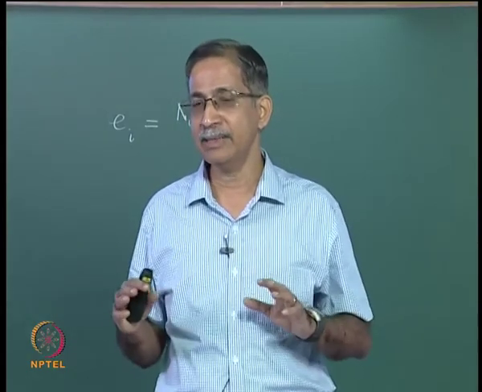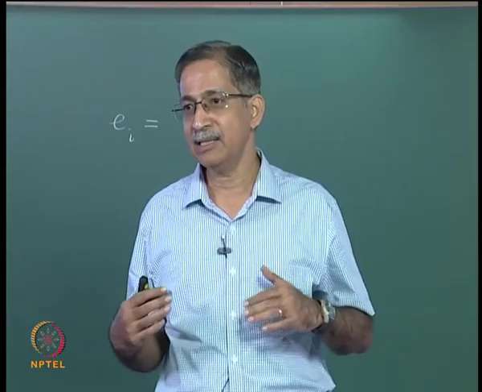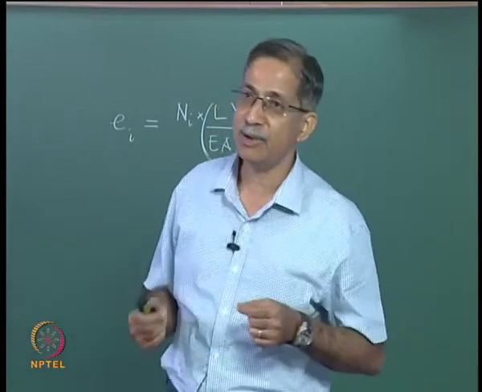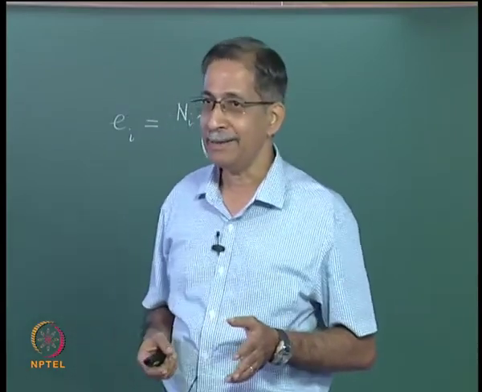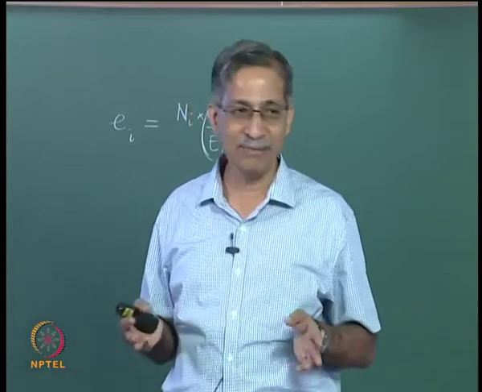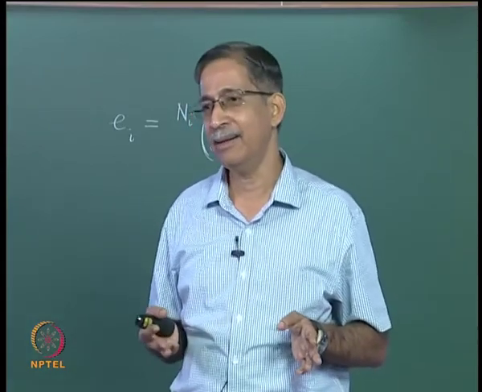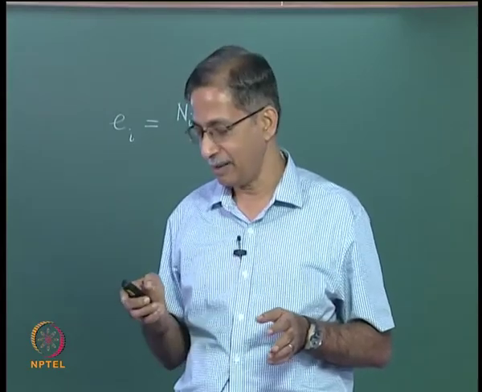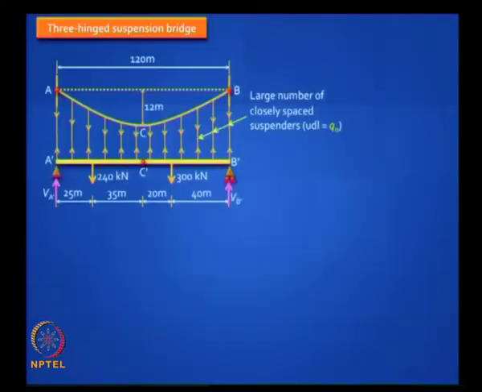All the load that goes on the deck is actually transmitted to the parabolic cable through those vertical elements called suspenders, and if the cable is parabolic, then you can safely assume the suspenders carry a uniformly distributed load, and this can be facilitated by providing a hinge at the center as shown here, because if you provide a hinge at the center and you make this assumption of uniformly distributed load, this problem becomes statically determinate, otherwise it is indeterminate.